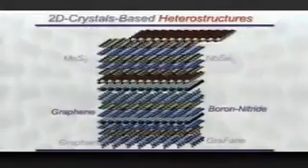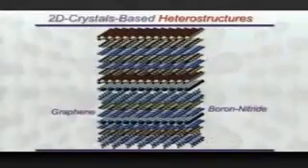We can take graphene, we can take molybdenum sulfide, we can take another layer of graphene on top, so we can create new stacks of those materials in any fashion we want, and we would get a completely new material which doesn't exist naturally, but we can tune the properties of this material and we can make it functional as well.